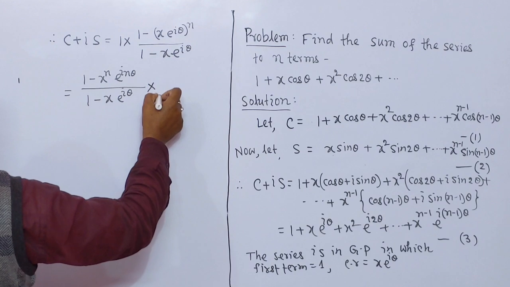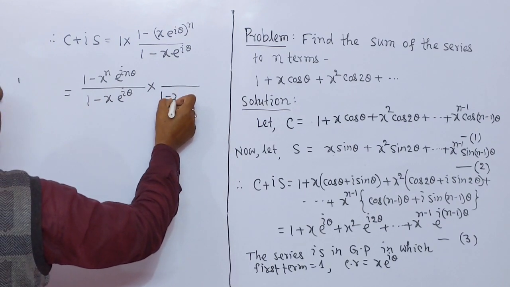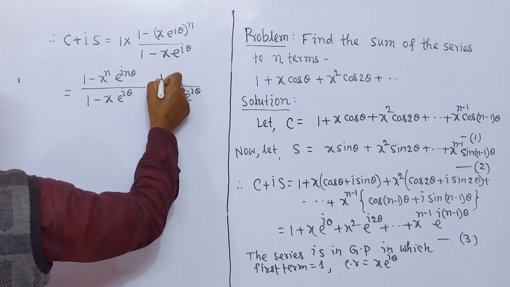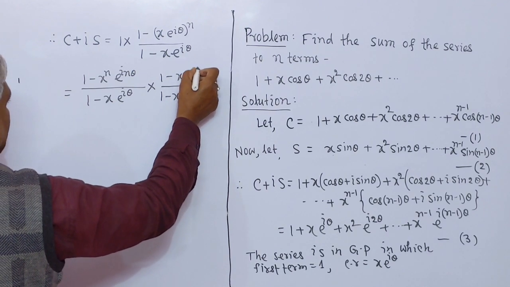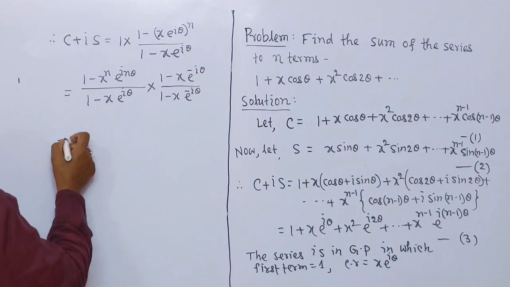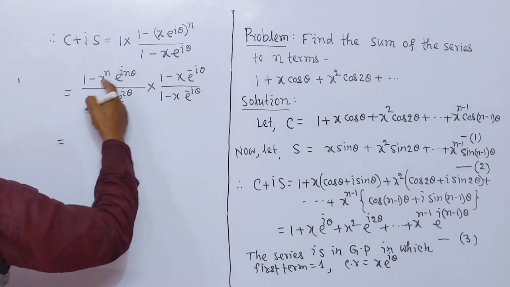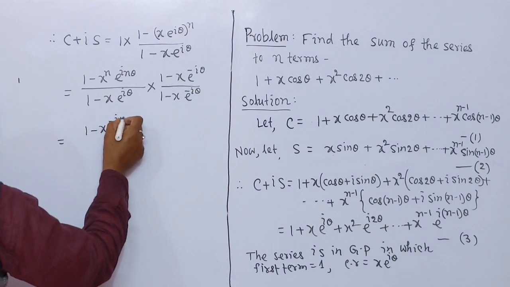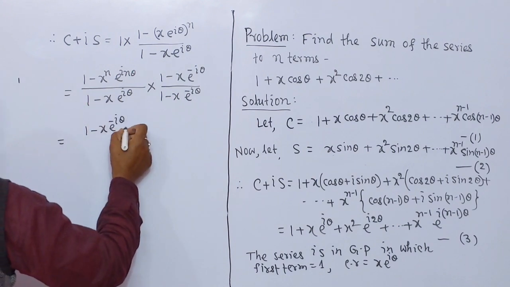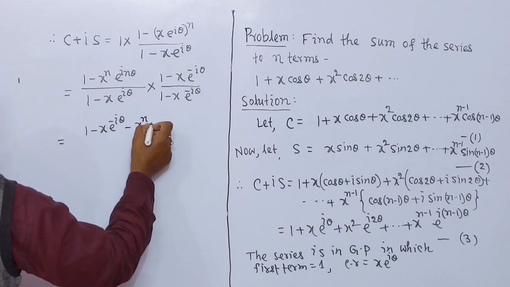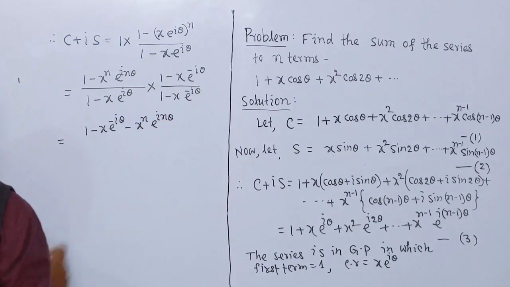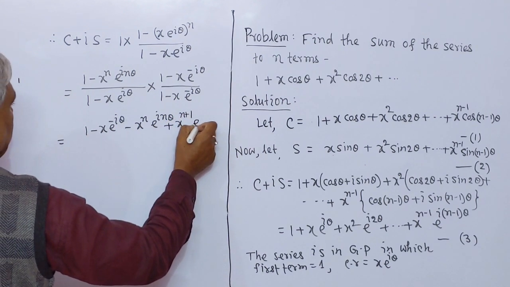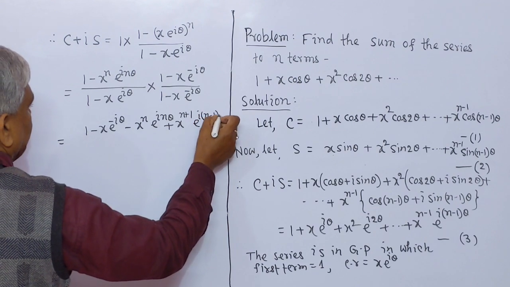We multiply this by 1 minus x e to the power minus i theta, numerator and denominator. And this will be equal to, multiplying the numerator, 1 minus x e to the power minus i theta, minus x to the power n e to the power i n theta, plus x to the power n plus 1 e to the power i n minus 1 theta.